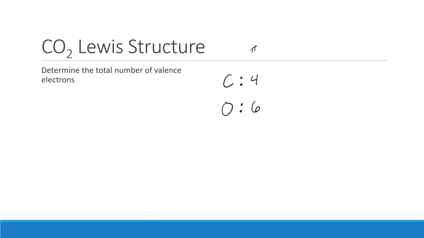And remember, we multiply the number of valence electrons times the number of atoms in the formula. Carbon is assumed to be 1, and oxygen we have 2 atoms. So we get 4 from carbon, 12 from oxygen, for a total of 16 valence electrons.